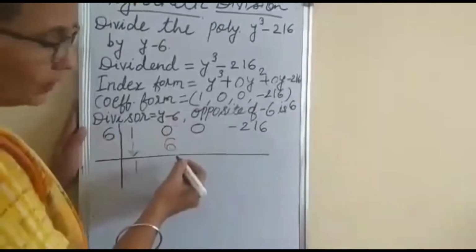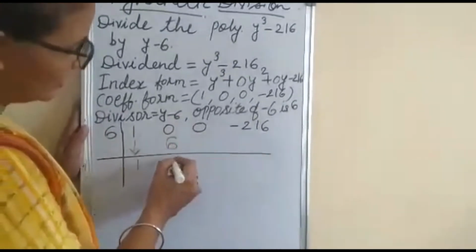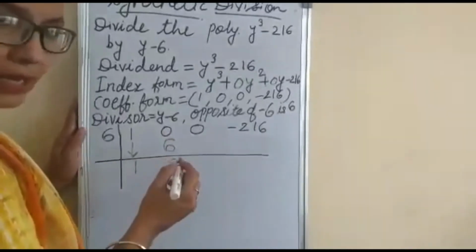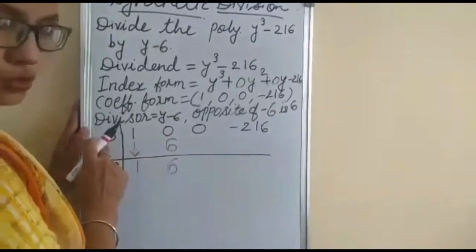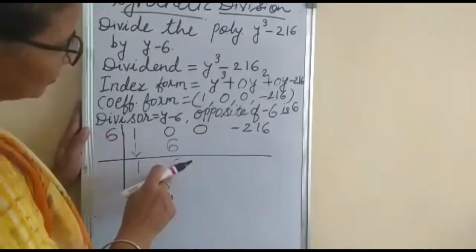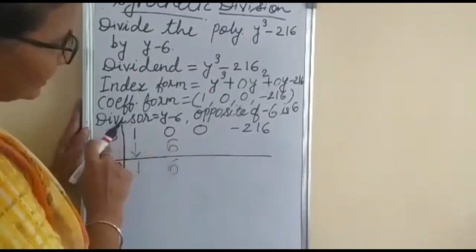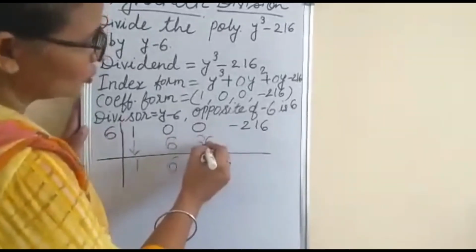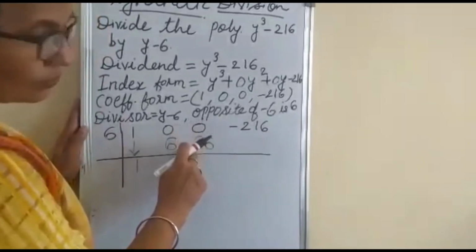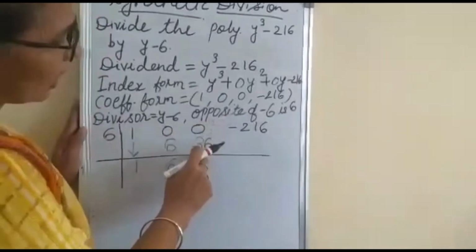Always you have to add. So 0 plus 6 is 6. And similarly, again you have to multiply, means find the product of 6 and your divisor. So 6 sixes are 36, which you will write below the next coefficient. And now again you have to add these two.